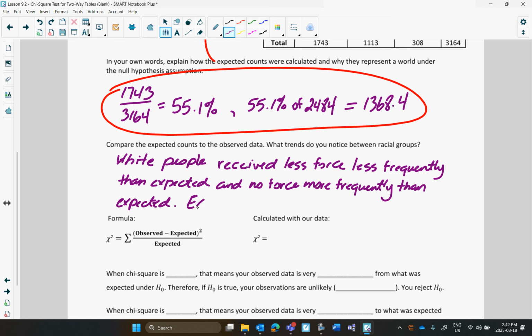Expected and observed counts for Black people, like I said, observed counts for Black people was quite close.